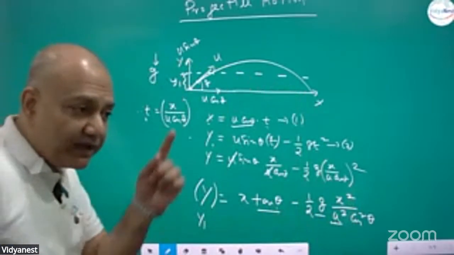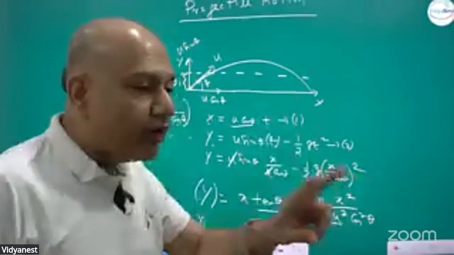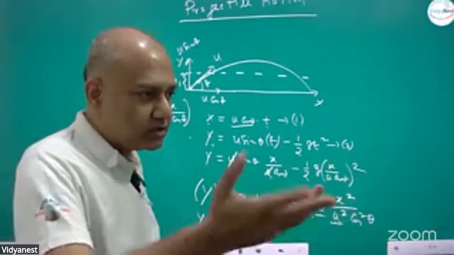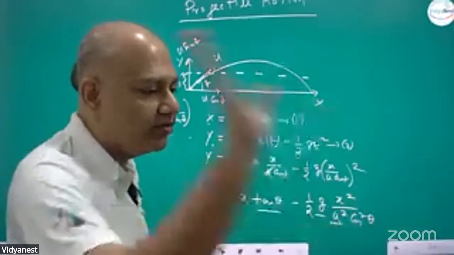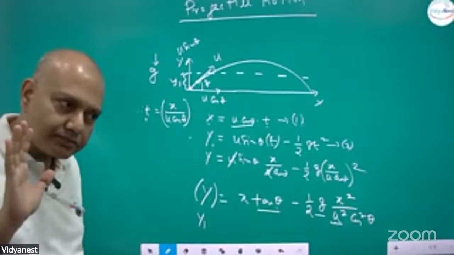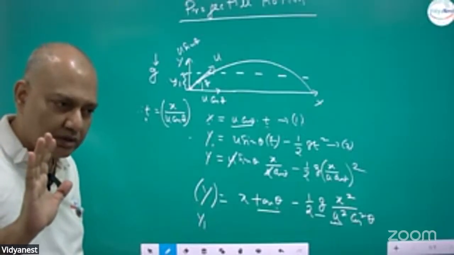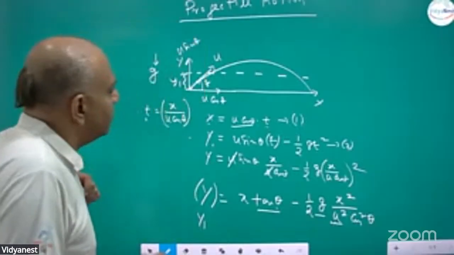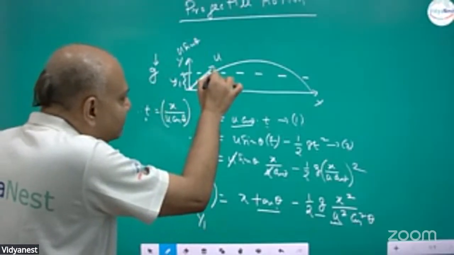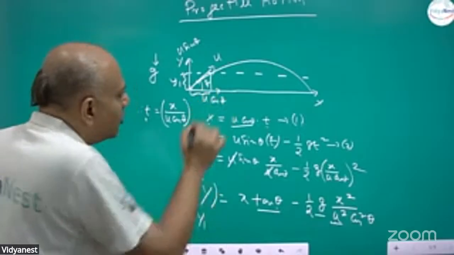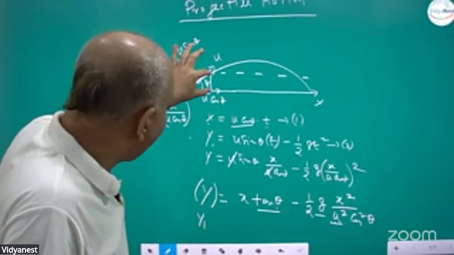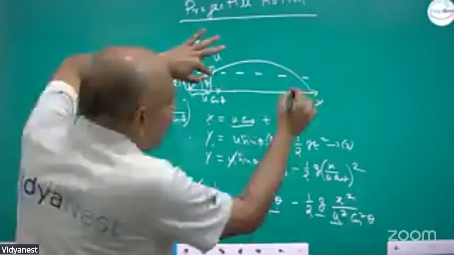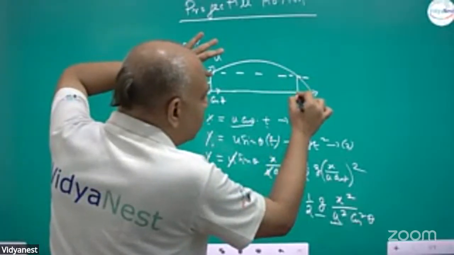So if I solve that quadratic equation, I am going to get two values of x. Simple, because the solution of a quadratic equation means two values of x. So what are these two points? I can get one x where this y is given, suppose this length is y1, and I can get another point here with the same y.